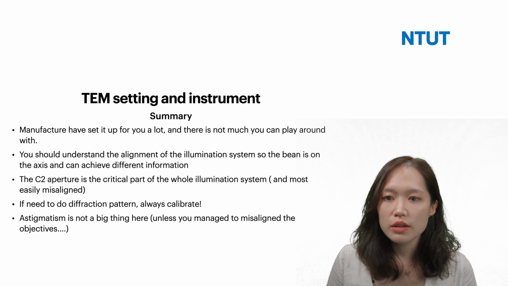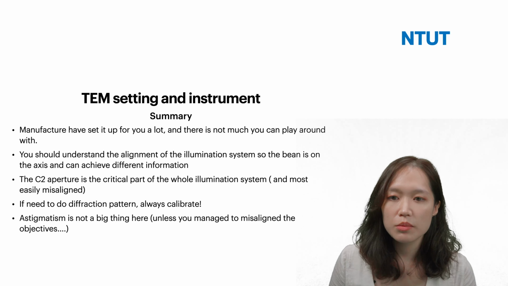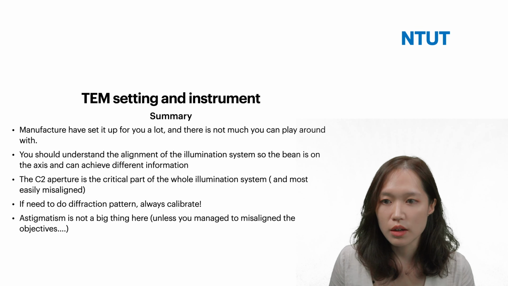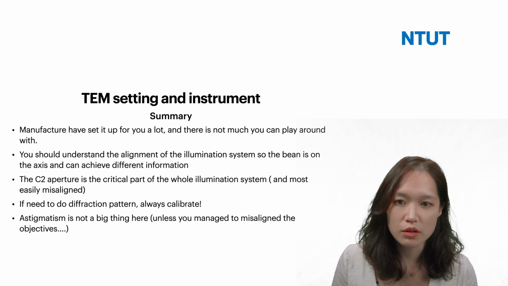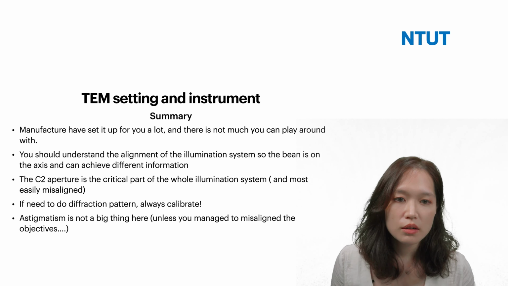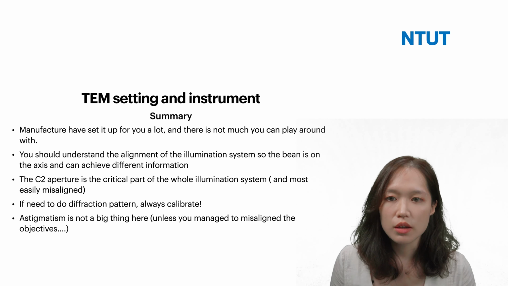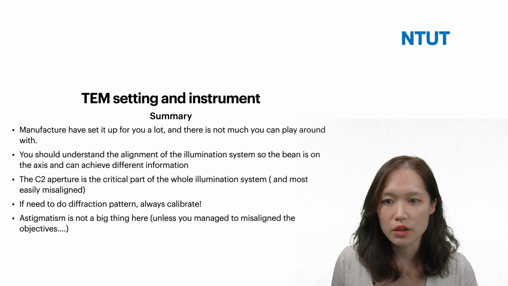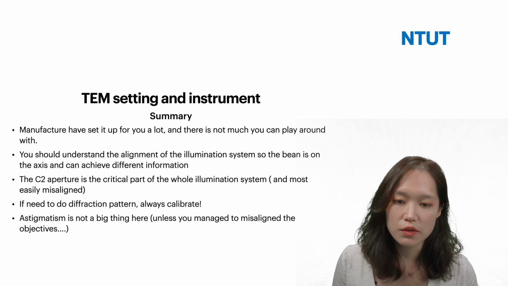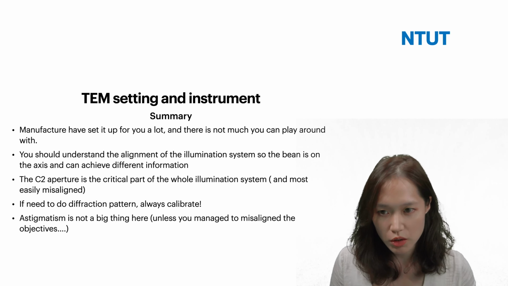The things you should understand is the alignment of the illumination system, so the beam is on the axis and can achieve different information. So the strength of the magnets can change the alignment of the illumination system, as we have mentioned, and we can achieve different information from that, either a diffraction pattern or an image.